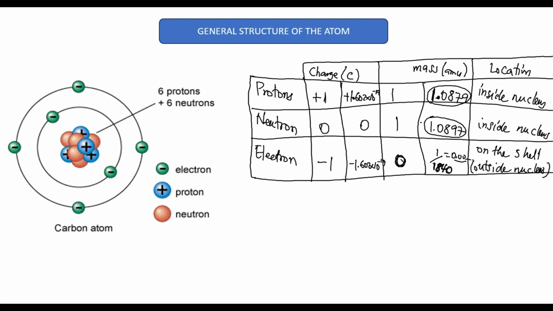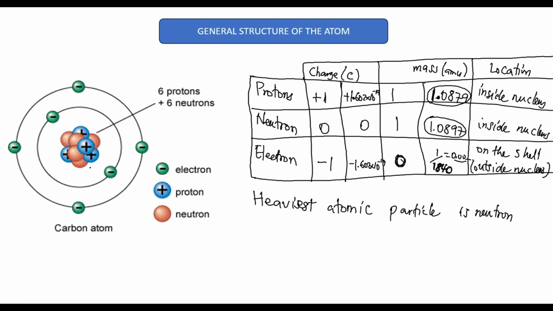Meaning that within the atom, neutron is the one that has the greatest mass, more than proton. So in terms of mass, neutron counts before proton, and proton is followed by electron. The heaviest atomic particle is the neutron.